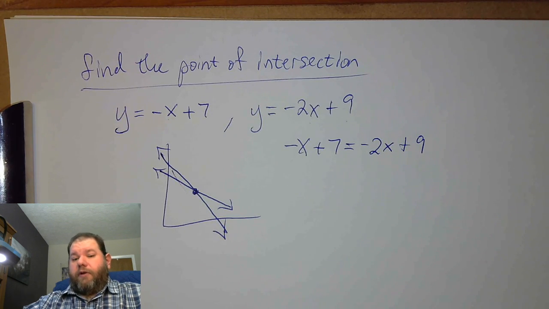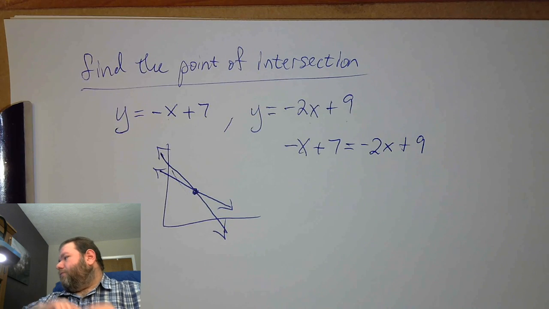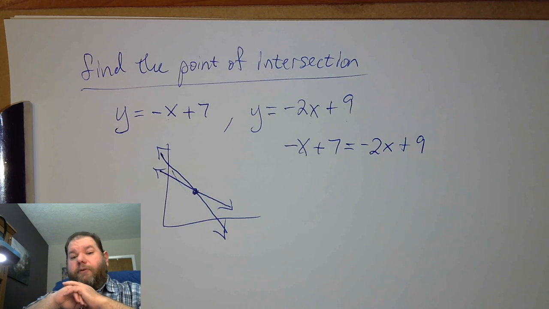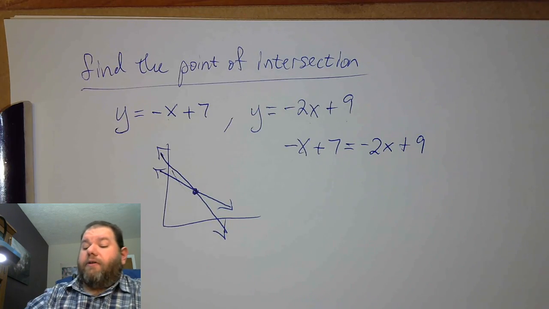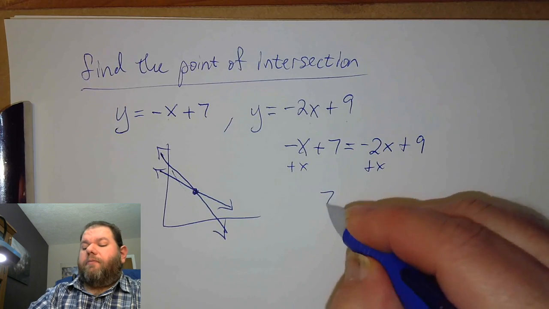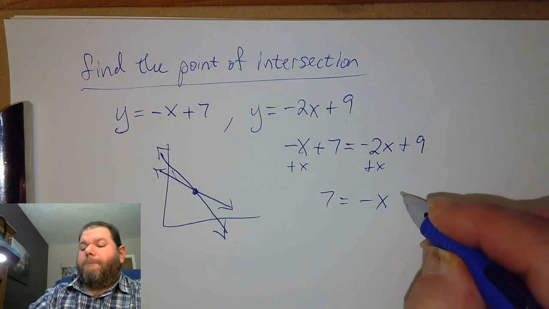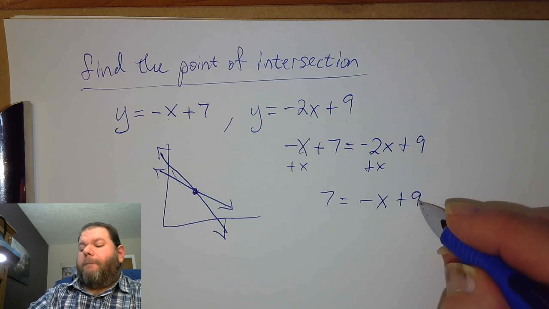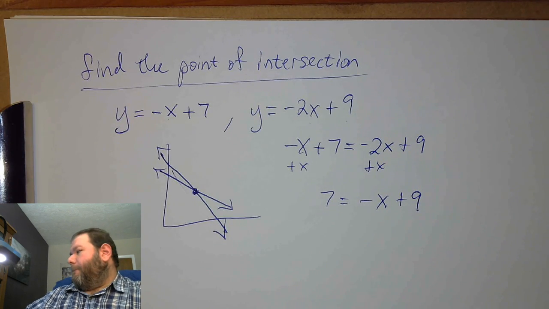So what can we do to solve for x here? What can we add or subtract to both sides? Good. X equals, is it 2 or -2? We can add the x. Okay.